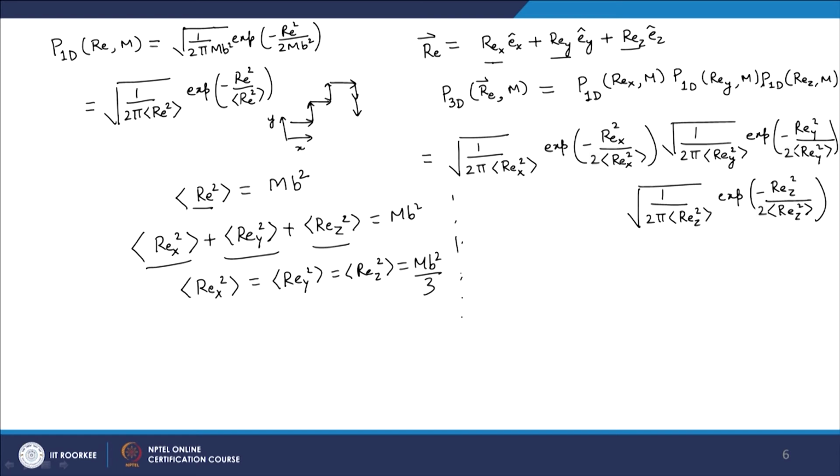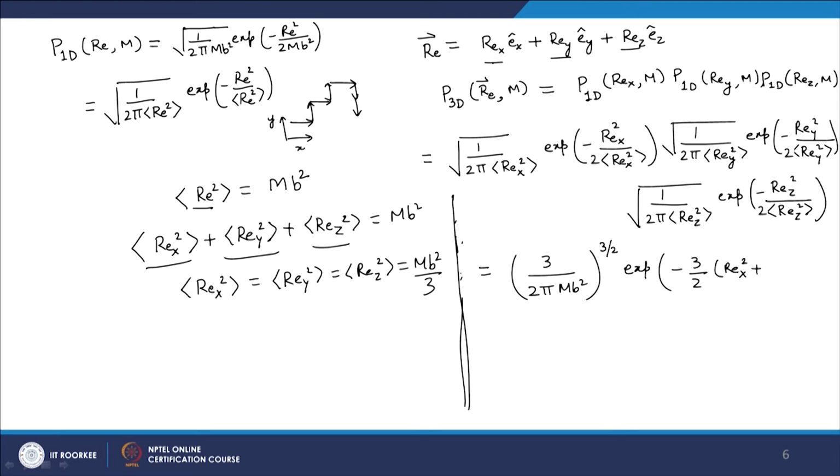So if I put this expression in what we have been deriving, what I end up getting is (3 by 2 pi m b square) to the power 3 by 2 exponential of minus 3 by 2 (R_ex square plus R_ey square plus R_ez square), which in turn is again equal to R_e square, and this has to be divided by m b square.